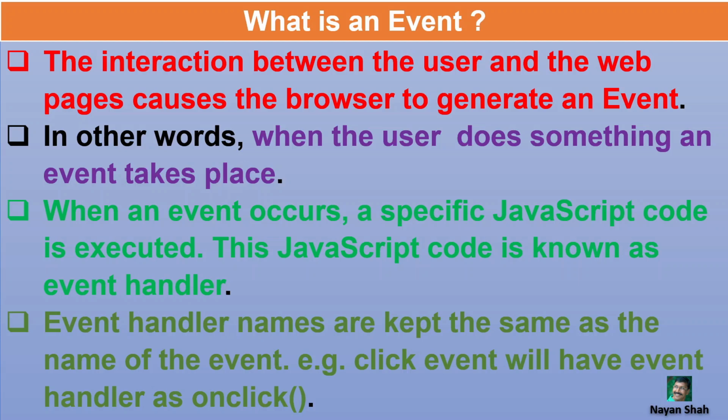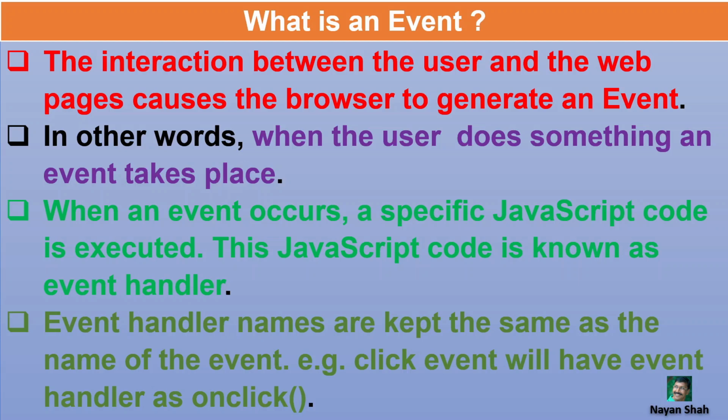Even if you are not doing anything, just moving your mouse here and there on the web page, that is also an event. So an event means the user is doing something on the web page. When an event occurs, a specific JavaScript code is executed. A particular code which is written for that particular event gets executed, and this JavaScript code is known as an event handler.